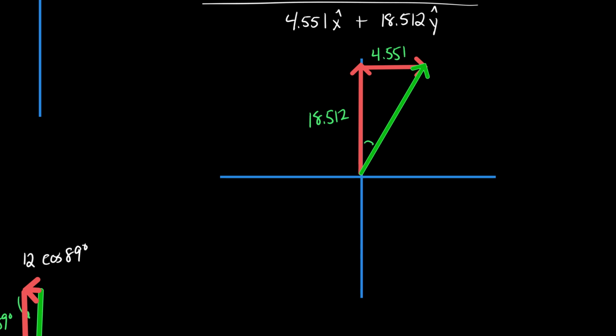I need this angle. No better way to do that than tangent. Tangent of theta will equal opposite over adjacent. So I need the inverse tangent of 4.551 divided by 18.512. I found that theta equals 13.8 degrees.